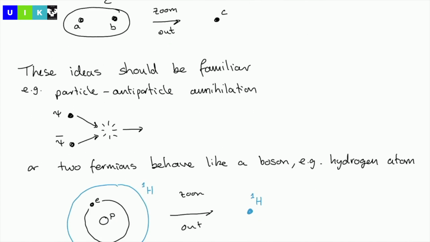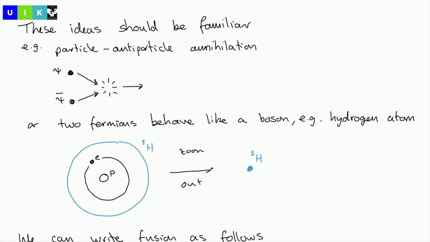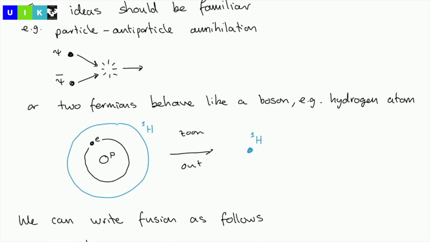Okay? So to be more concrete, let me give you two examples that you will have seen in different contexts. An example of the first case is just particle-antiparticle annihilation. If I take a particle and its antiparticle, I bring them together, they will annihilate, and I will be left with no particle. So I've started with an anion and an anti-anion, brought them together, and I'm left with the vacuum anion. I'm left with nothing. An example of the second case is that if you have two fermions together, they can behave collectively like a boson.